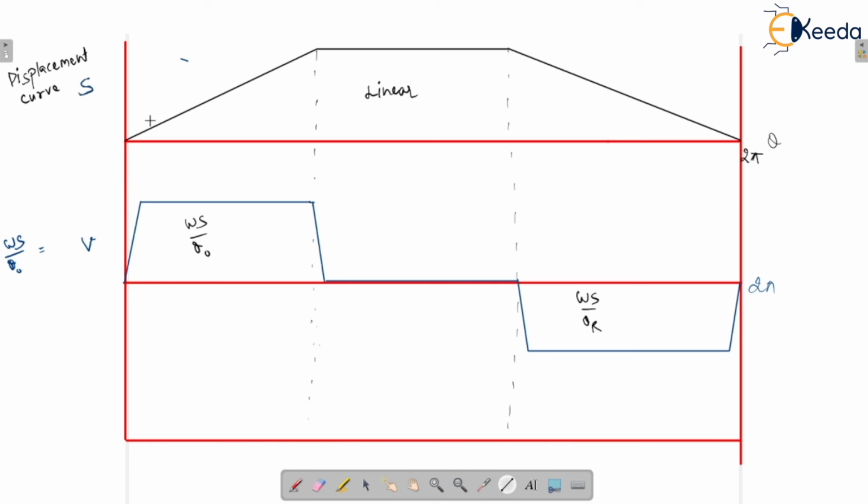As the speed increases drastically for a short period of time, the acceleration will increase for that period, and it becomes 0 when the speed becomes constant. So it would be like that.